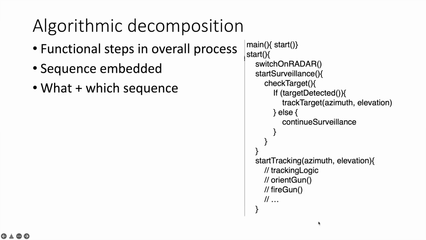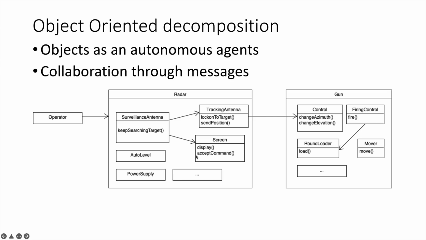The sequence is also embedded inside it, because one functionality is called from another functionality, and the sequence can be found out by how they are being called from each other. Necessarily, this way of decomposition used to give a picture of what is happening and in which sequence it is happening. This was the way algorithmic decomposition worked.